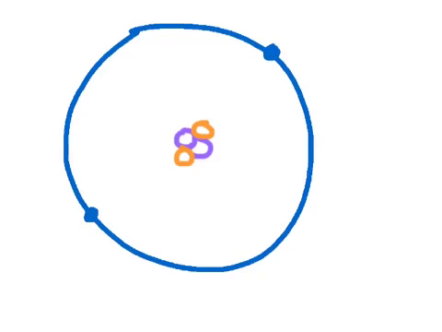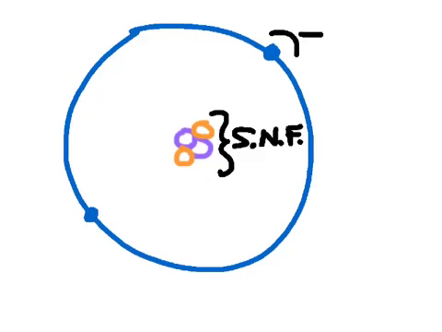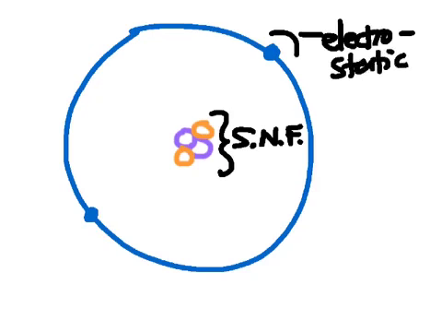To get to the nucleus, remember, what keeps the nucleus together is the strong nuclear force, the SNF. And what keeps the electrons orbiting around is the electrostatic force, which is much, much weaker.